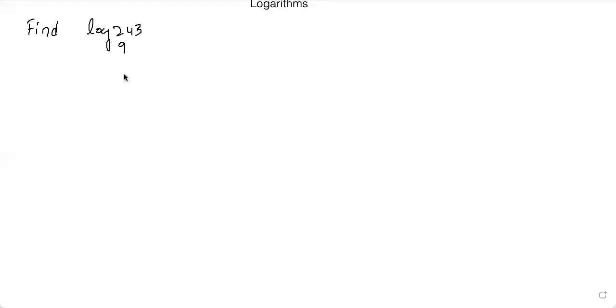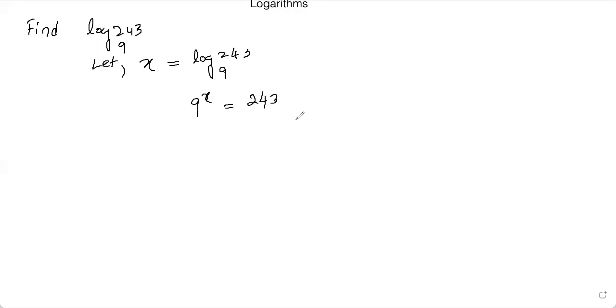So let us solve this. We'll consider this as x, which is log 243 to the base 9, which is a logarithm form, and index form will be 9 power x, which is 243, right?